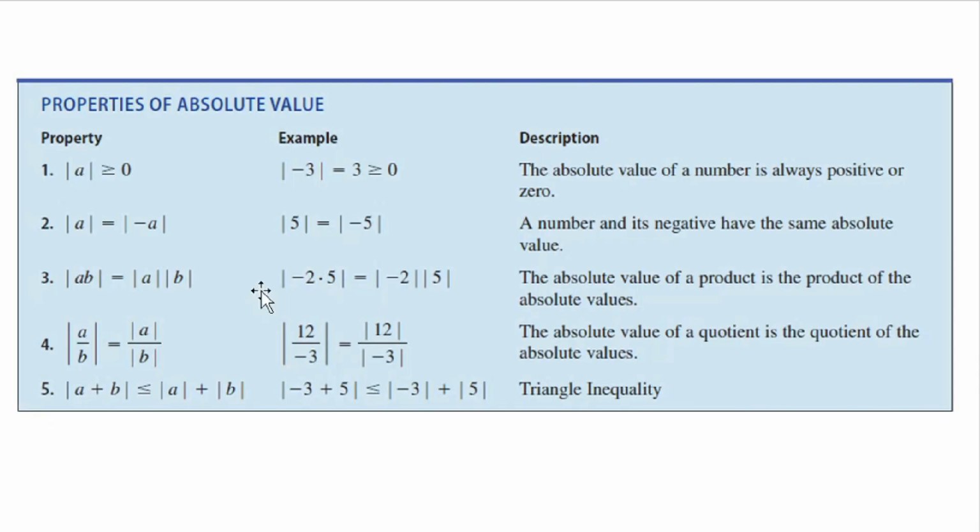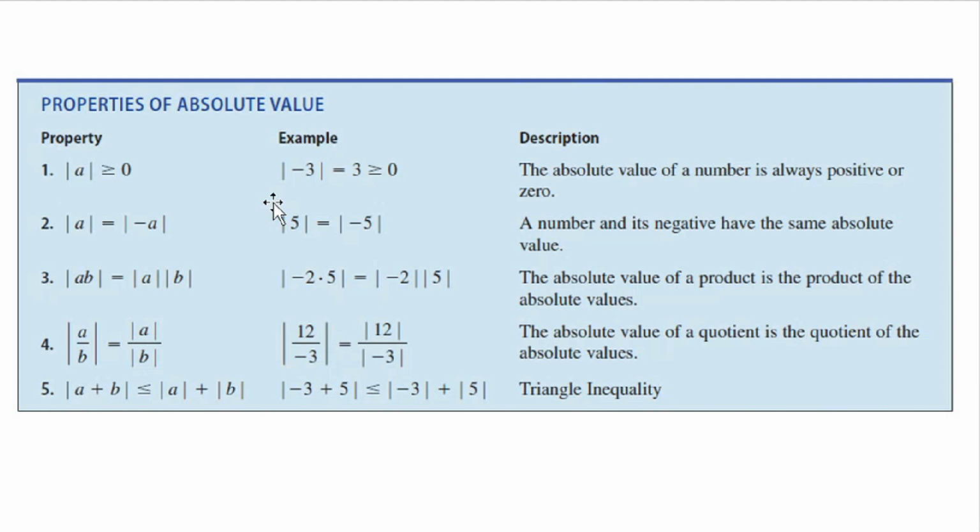So we have the properties of absolute value. Number one, the absolute value of A is greater than or equal to 0. So the absolute value of a number is always positive or 0. For example, the absolute value of negative 3 is equal to 3 because 3 is greater than or equal to 0.